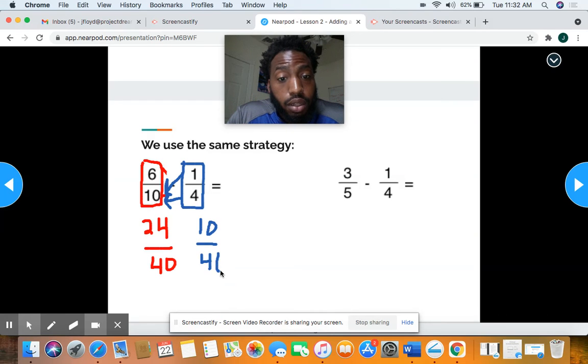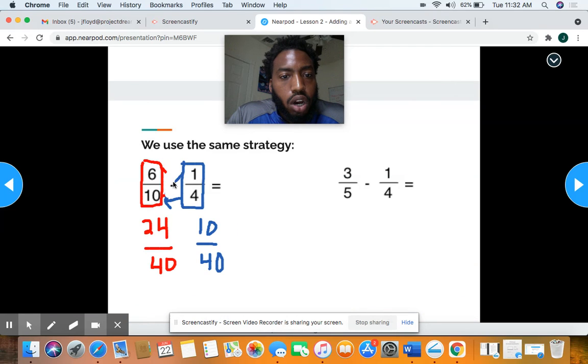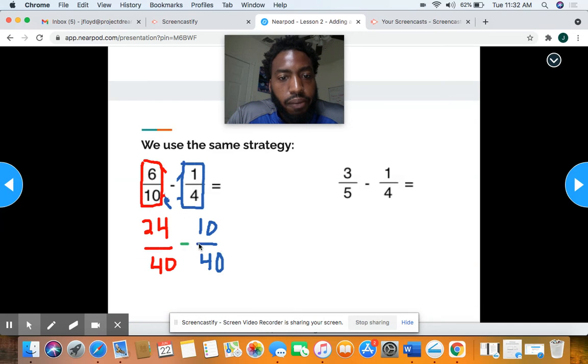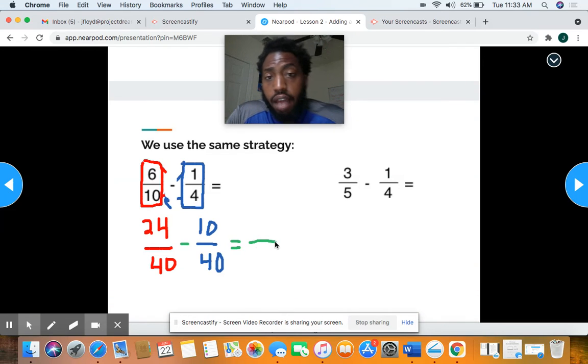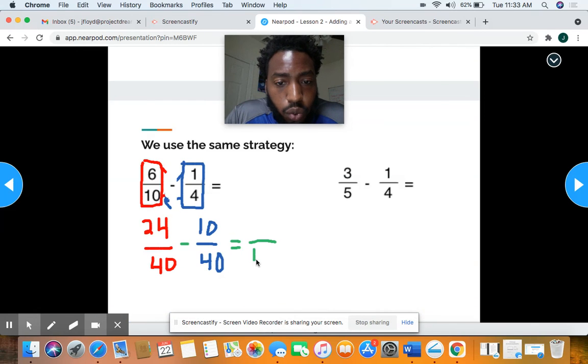But this time, you may be tempted to put a plus sign there, but please don't do that. Remember, we're not adding this time, we are subtracting. So whatever that symbol is, we're going to drop that symbol down. And so now we're still using our common denominator strategy. So we know that when our denominator is 40 and 40, our denominator for our answer is going to be 40 as well.